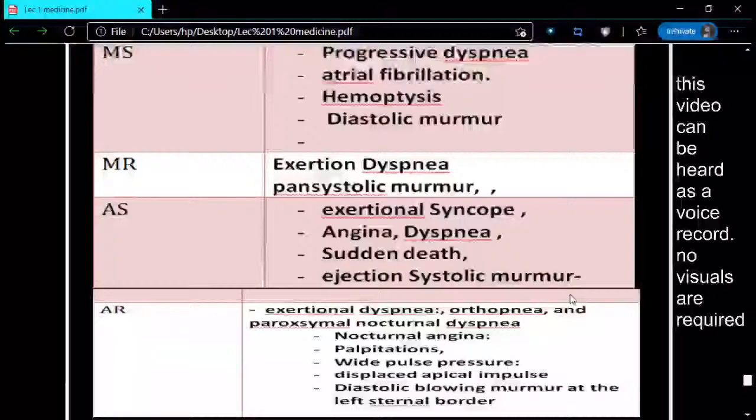Paroxysmal nocturnal dyspnea and nocturnal angina. Palpitation, water hammer pulse, diastolic murmur.